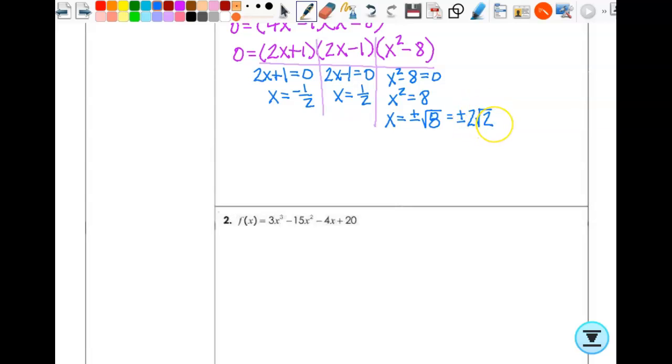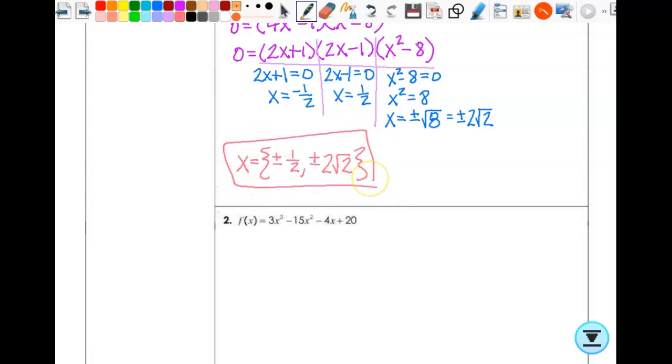If you do not know how to simplify square roots, go back to the summer assignment that you didn't do and do those parts, because if you did it, you would know how to do it. So now I have my zeros, x equals plus or minus 1/2 and plus or minus 2 square roots of 2.